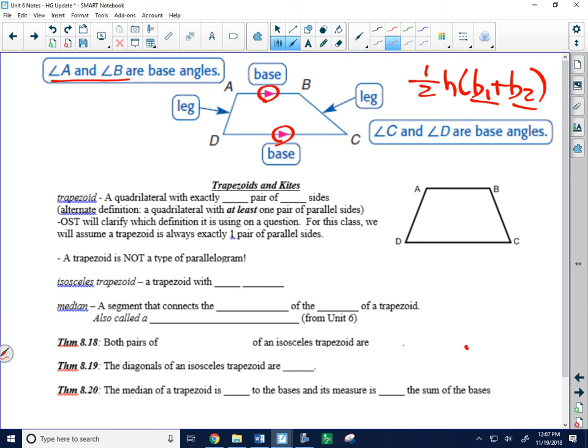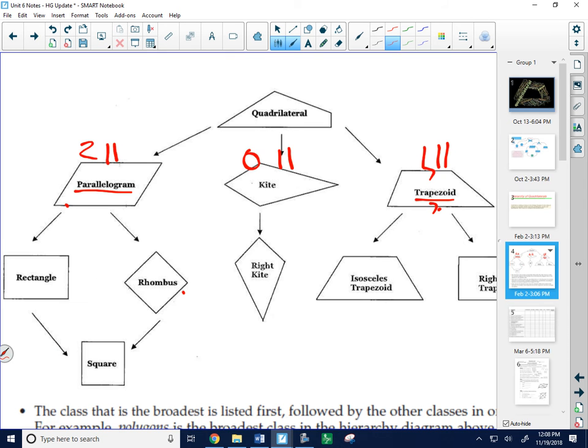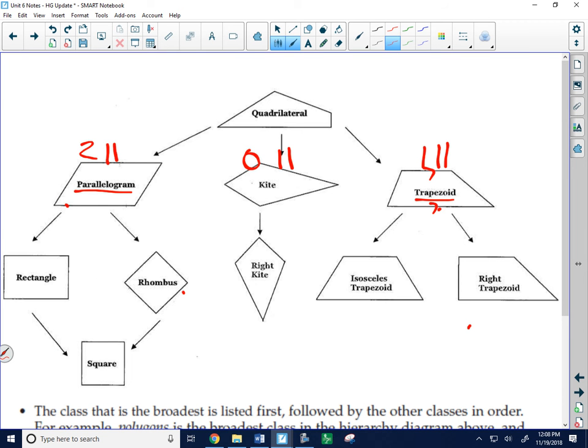The other thing is, if an angle is formed from a base and a leg, we call it a base angle. So there's four base angles up there. C and D are the ones that go together, and then A and B go together. Also, it was on the diagram here, but I didn't really talk about it: there's isosceles trapezoids and right trapezoids.